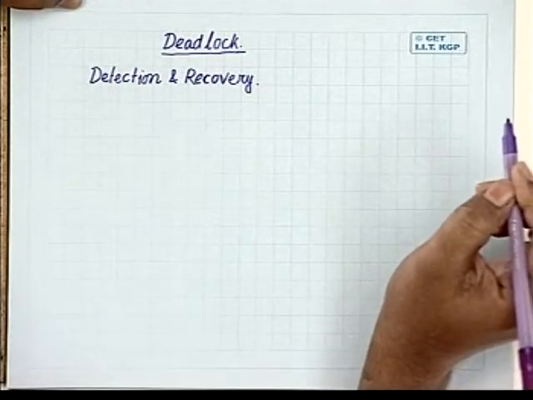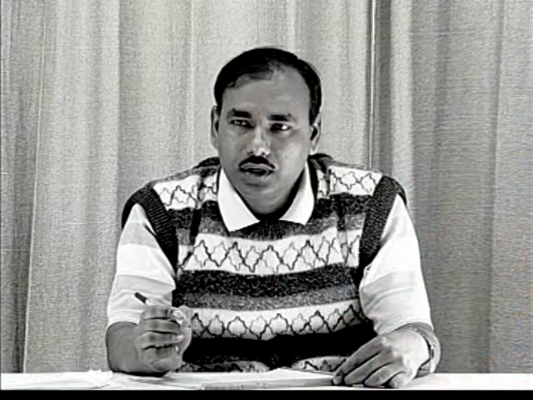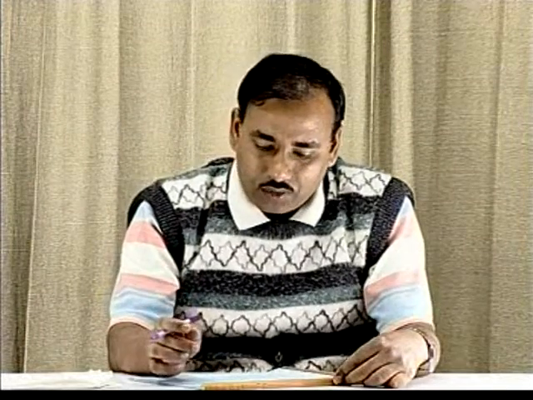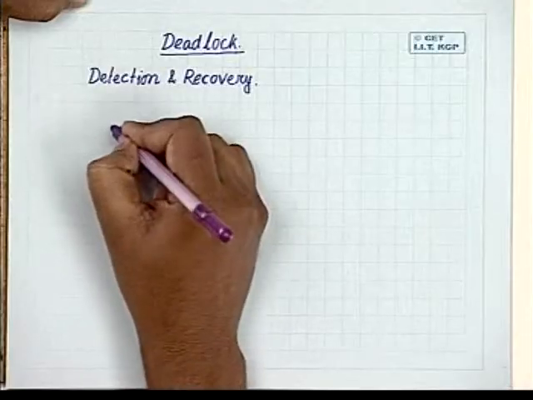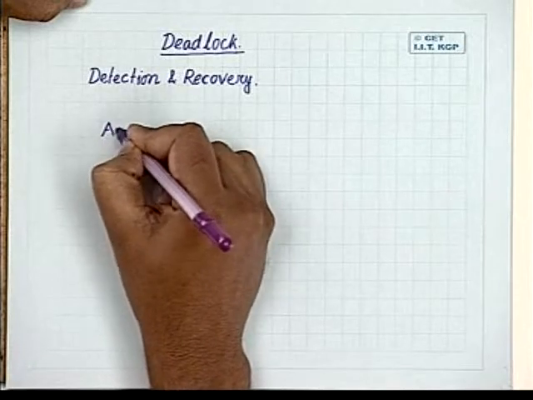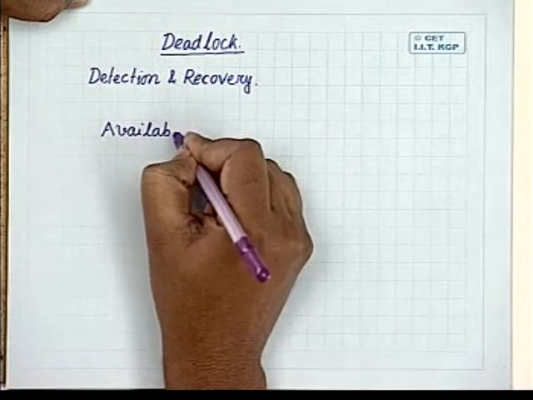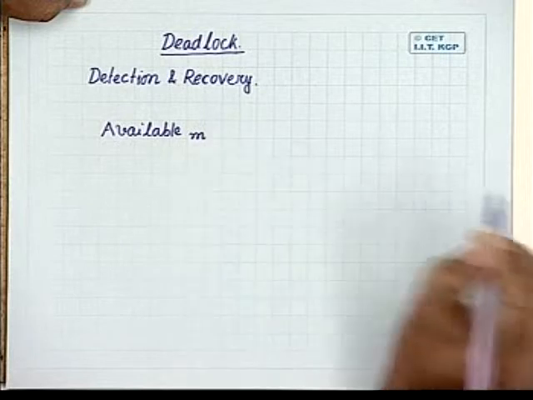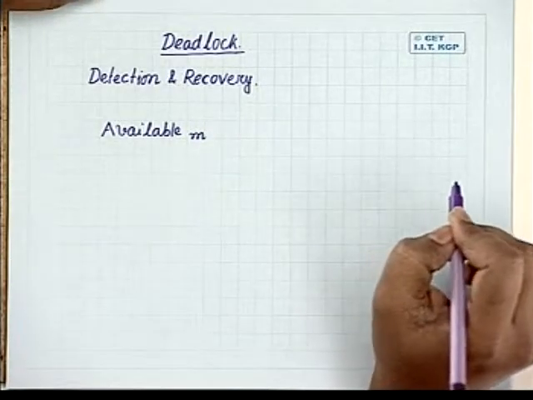Now to check whether there has been a deadlock in the system or not, the algorithm that is followed is similar to the safety algorithm of the Banker's algorithm. Okay. So again, in this case, we will use a number of data structures. The first data structure will be Available, as in the case of Banker's algorithm, and Available will be of dimension m, because we are assuming that there are m resource types in the system.